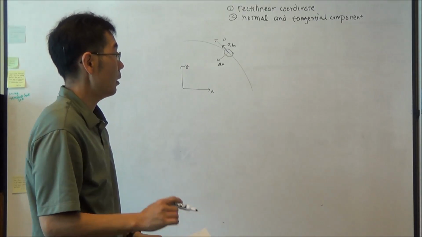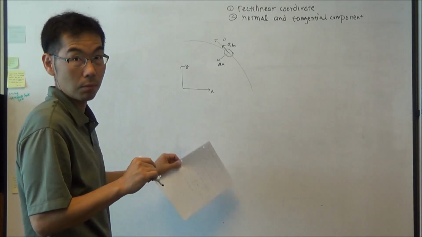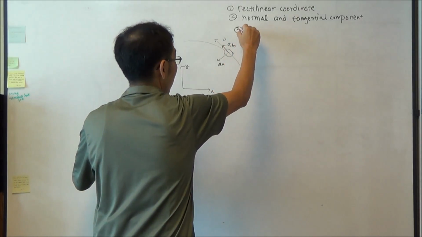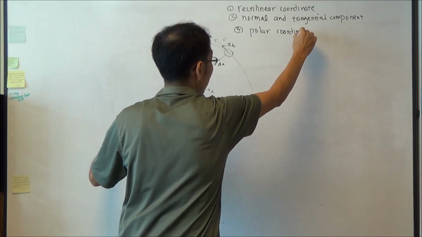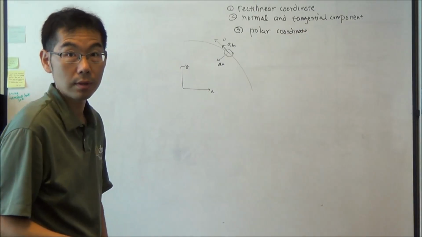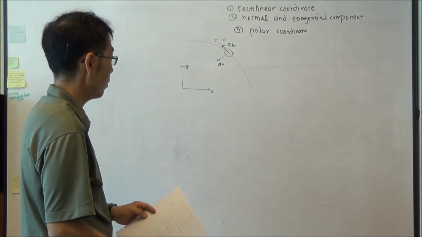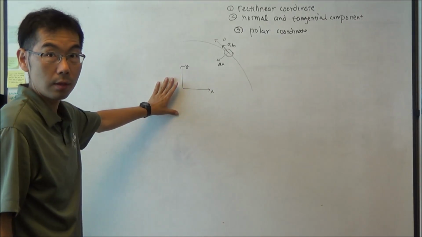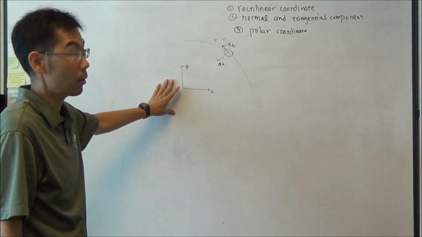Okay. And right now I want to explain another way to describe motion using the polar coordinate system. So what is a polar coordinate system? You already learned how to describe or locate your position using the polar coordinate system.